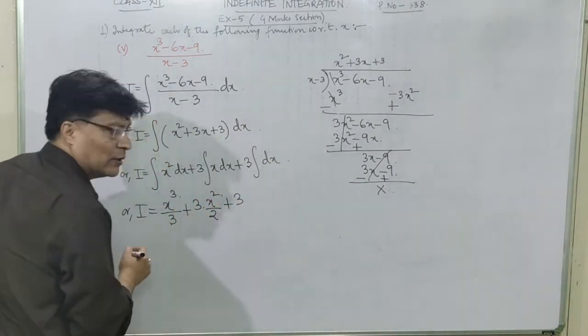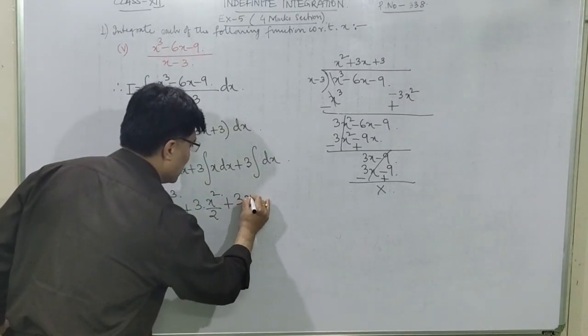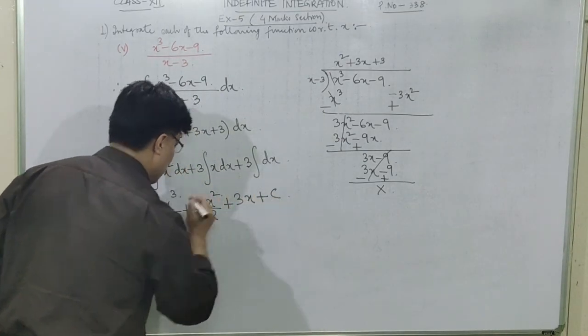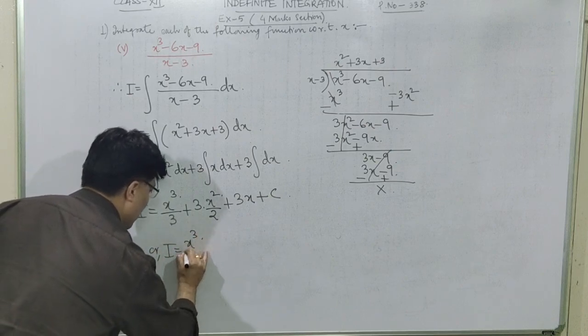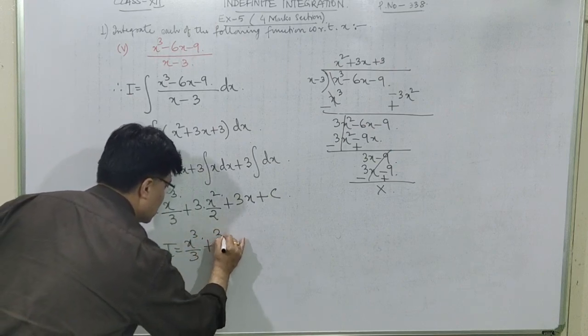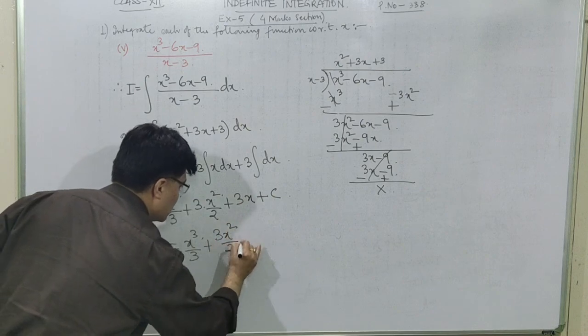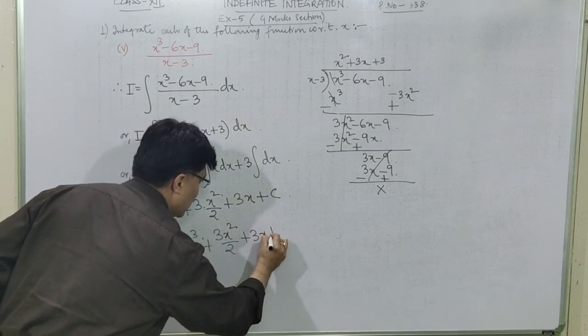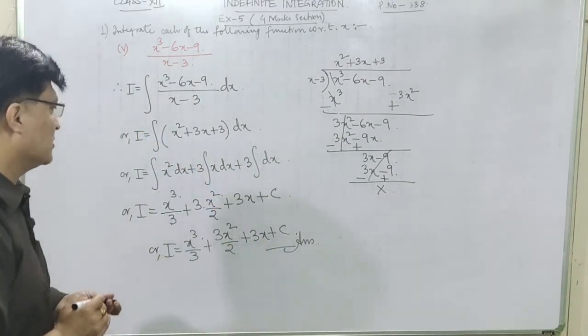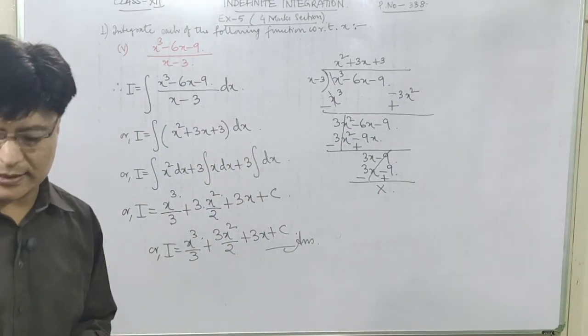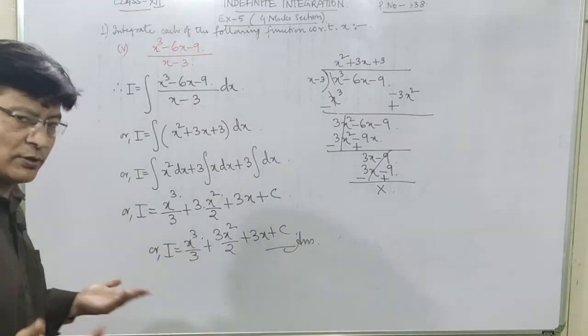Plus 3, what is integration dx? x. So plus c. So I is equal to x cubed by 3 plus 3x square by 2 plus 3x plus c. So this is the final answer. So I think you have understood it. So we can copy it. Now we'll do the next question.